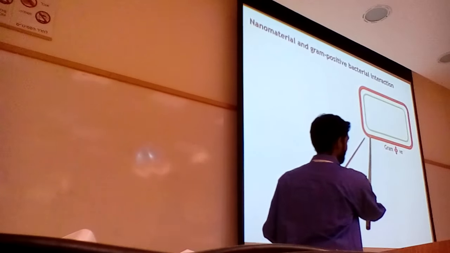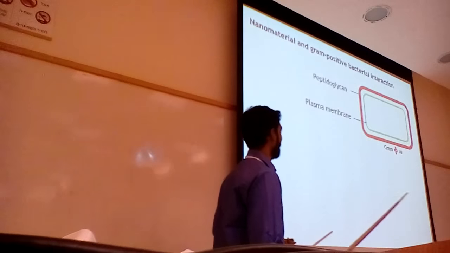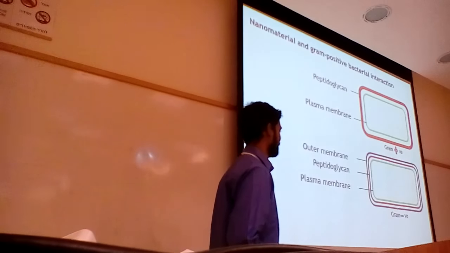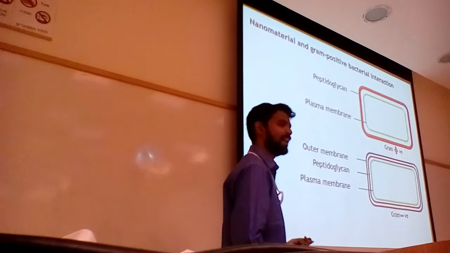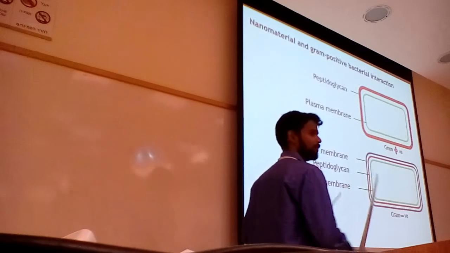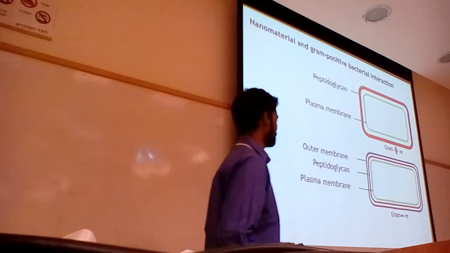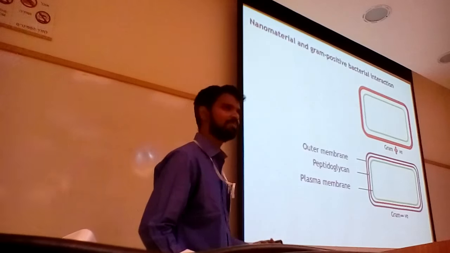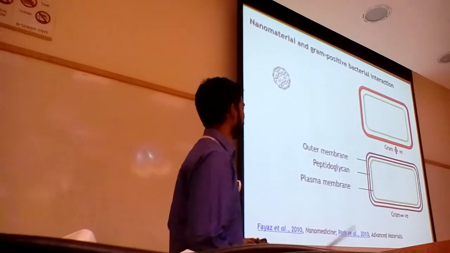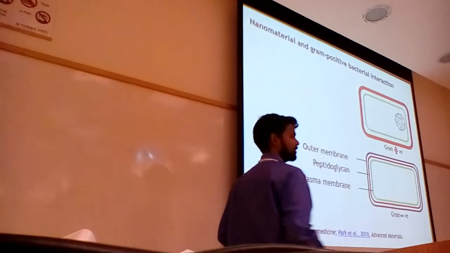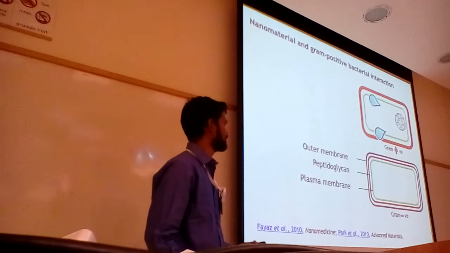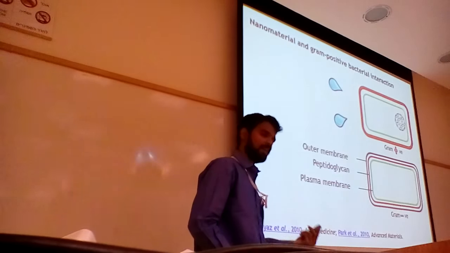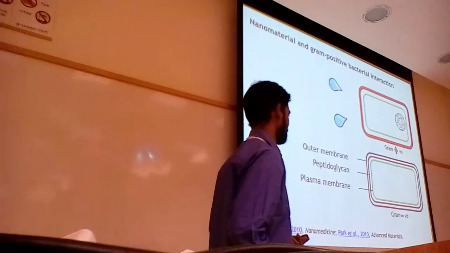Gram-positive bacteria has a thick layer of peptidoglycan around their plasma membrane, whereas gram-negative bacteria has a thinner layer followed by an outer membrane. Now, there is evidence in the literature which states that a nanomaterial is capable of puncturing through the thick peptidoglycan layer, which causes the bacterial fluid components to lyse out.